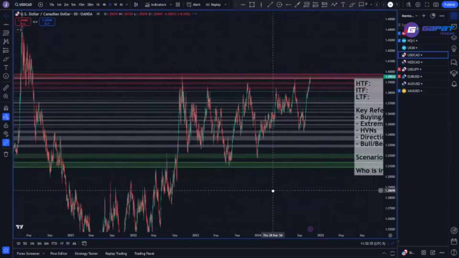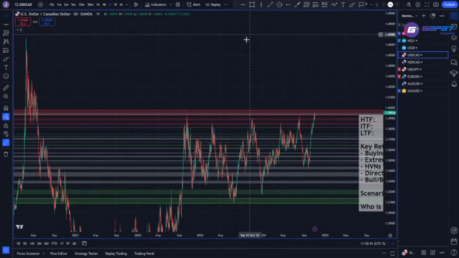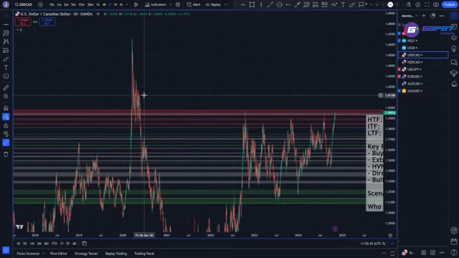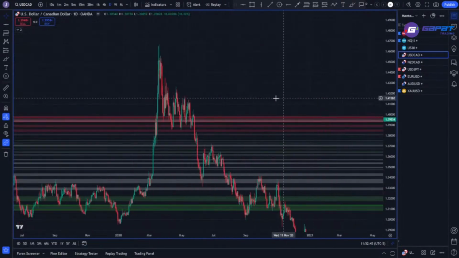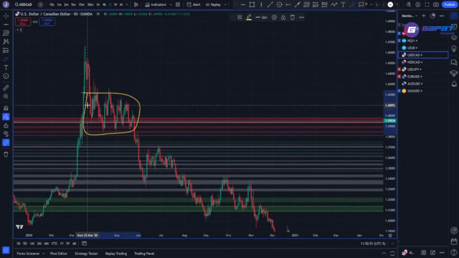And if we are able to break above the balance area high, we could see strong continuations into much higher time frame locations. So if we look over to the left, we have this balance area, which is, again, this is the daily chart. So this is a long-term balance area.